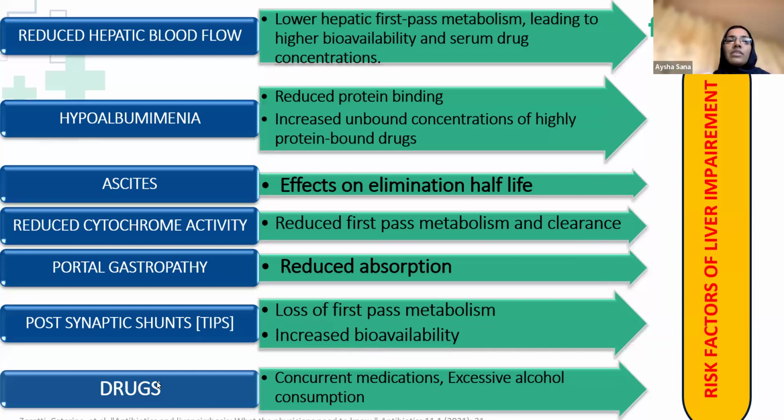And then last is administering concomitant drugs which are hepatotoxic to patients who already have hepatic impairment or excessive alcoholism. So these are all risk factors which we must consider in dose modification, which requires dose modification in patients when you're giving hepatotoxic drugs.